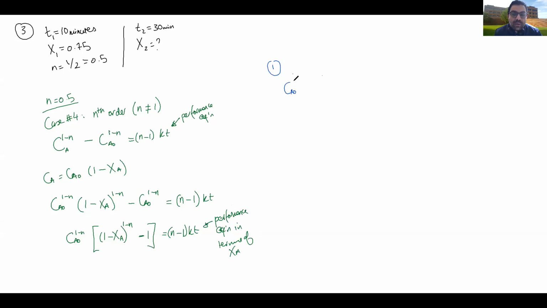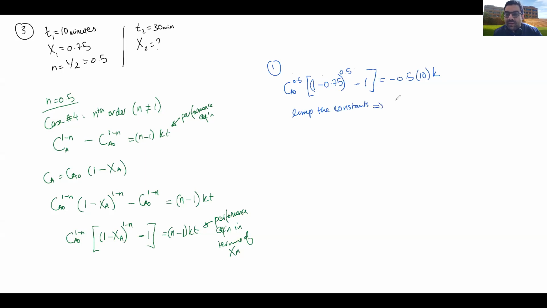So CA note to the 1 minus 0.5 is basically 0.5, into 1 minus 0.75 to the 1 minus n, which is 0.5, minus 1, is equal to n minus 1, which is minus 0.5, multiplied by t, which is 10 minutes, multiplied by k. So now I have k and CA note, they are unknown, so I'm going to do the same thing we did in the previous problem, where I'm going to lump the constants basically.